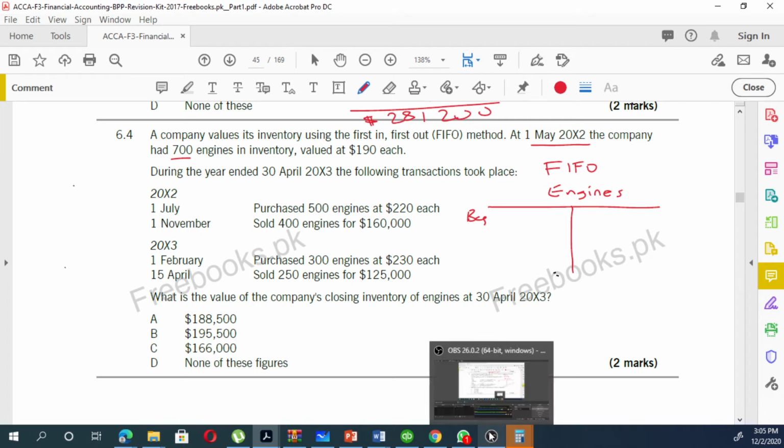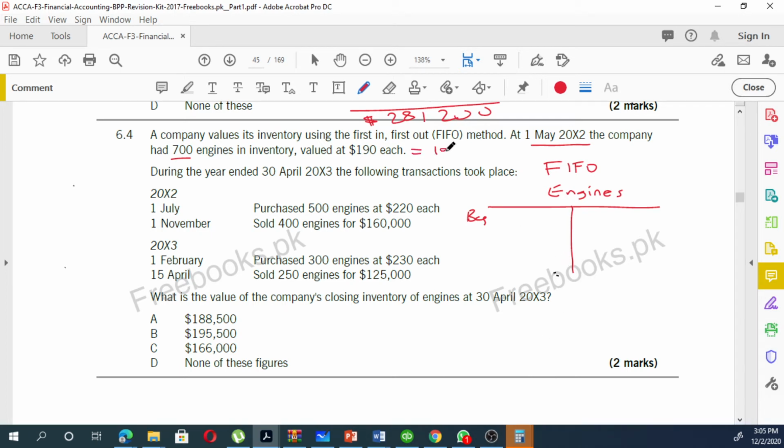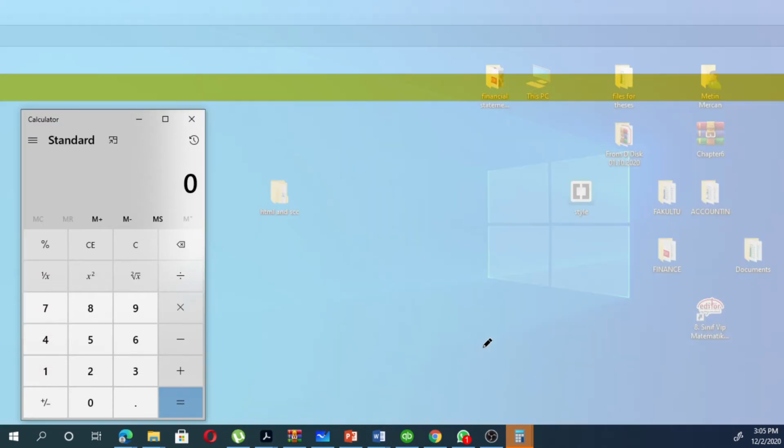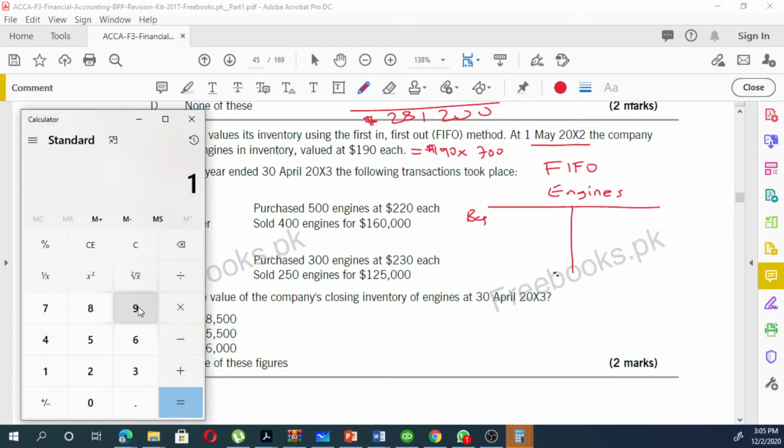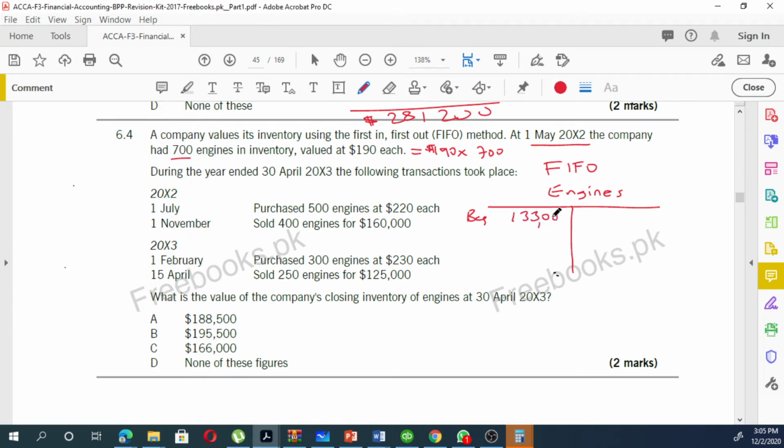If you multiply 190 by 700, you will get $133,000 of engines already. During 2000, on 1 July, it purchased another 500 engines at $210.